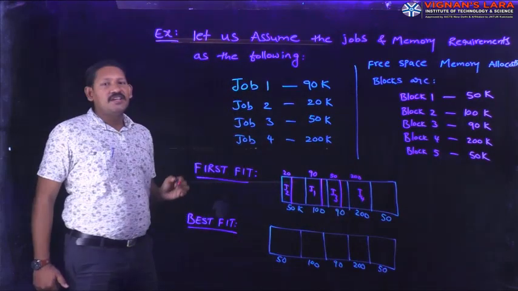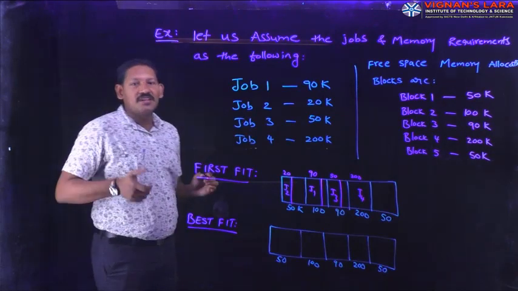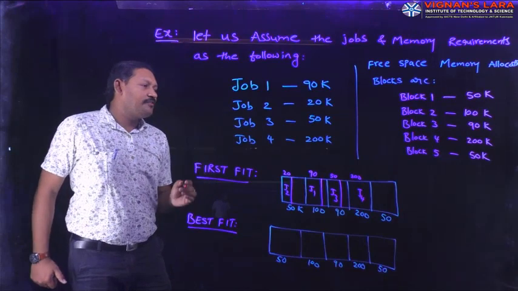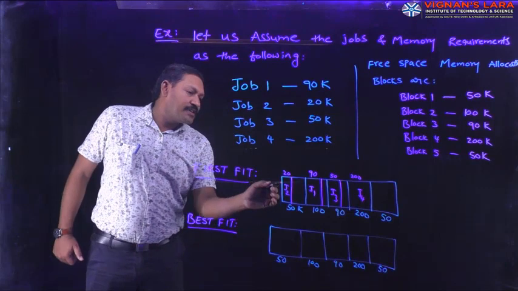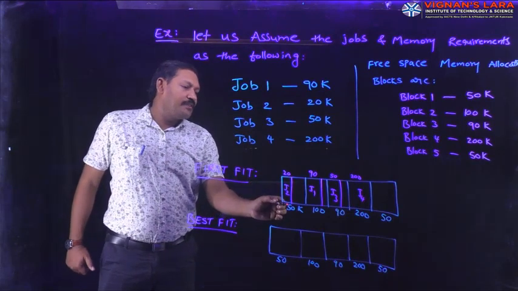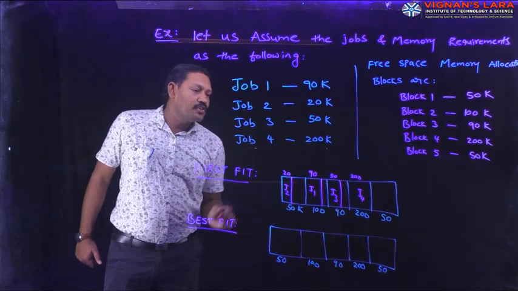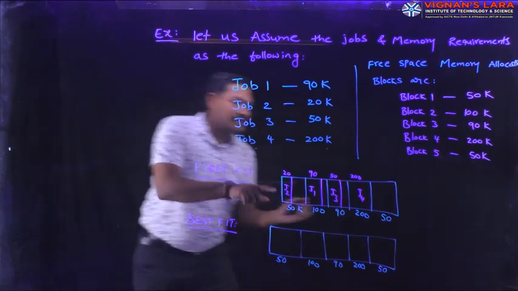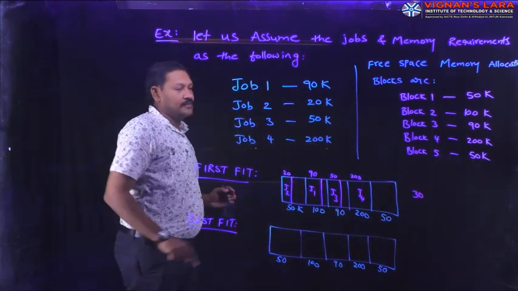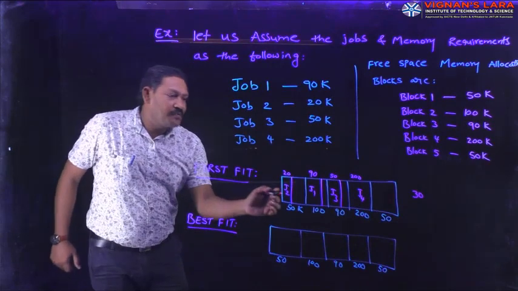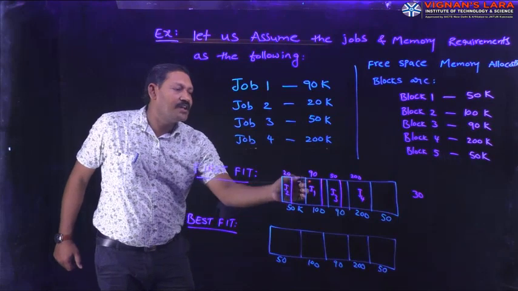If you consider this, the wastage of memory we simply call internal fragmentation. If we calculate that, in the first block, it is capable of accommodating 50k, but we have used only 20k, so the remaining 30 is being wasted in the first block. The second block is capable of accommodating 100k, whereas we have utilized 90k.